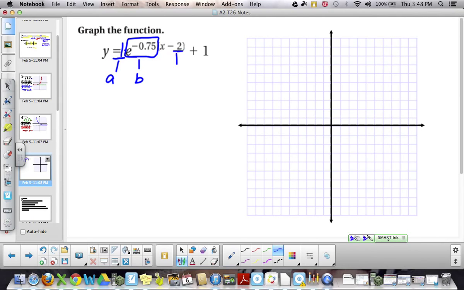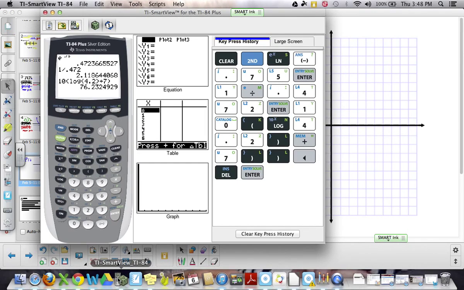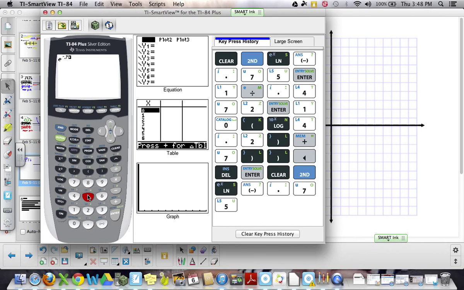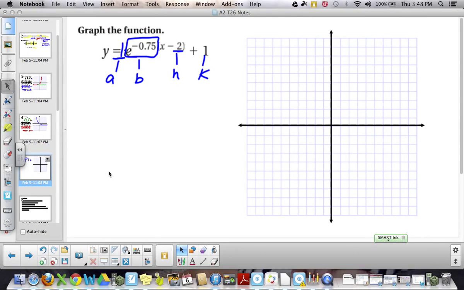H is here as 2, and k is your +1. All right, now if we calculate e to the -0.75, we see that that is equal to about 0.47. So that's what we're going to use for our B.